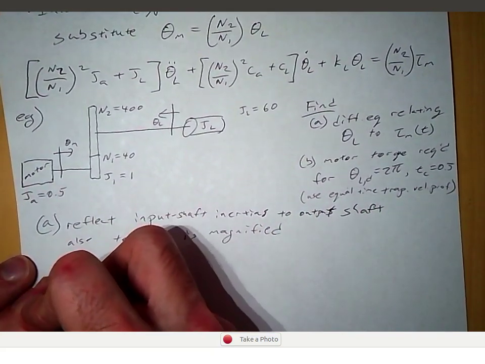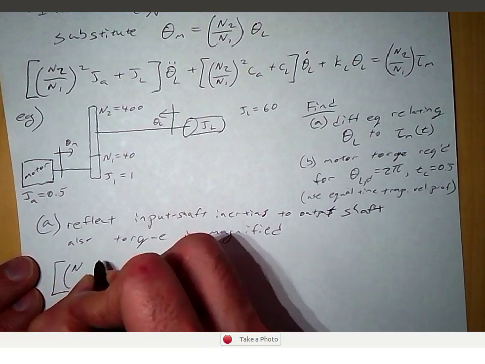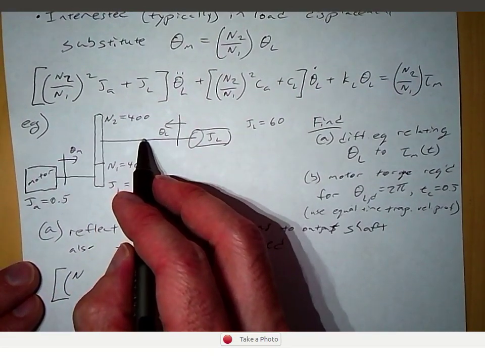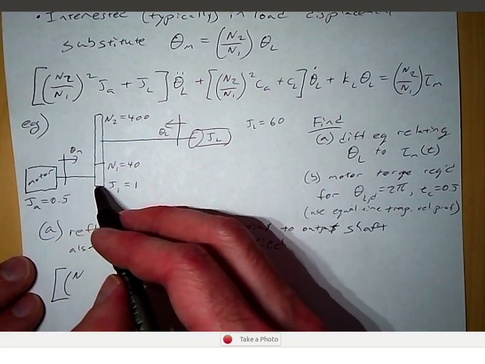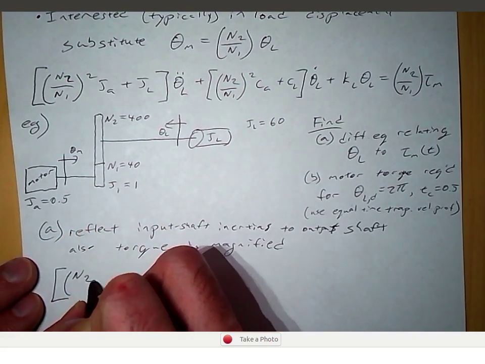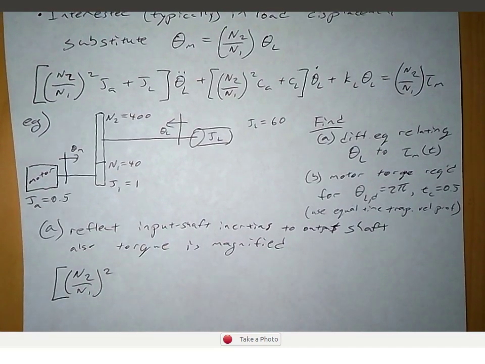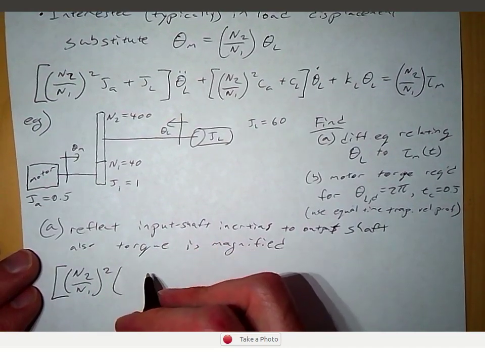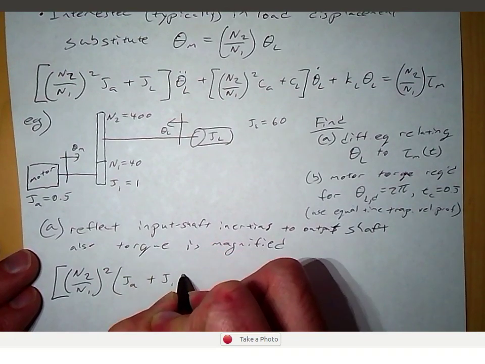All right, here is our differential equation. We're reflecting to the load shaft from the input shaft, or the motor shaft. So that's N2 over N1 squared is our reflection parameter. And the moments of inertia that we're reflecting are JA and J1.